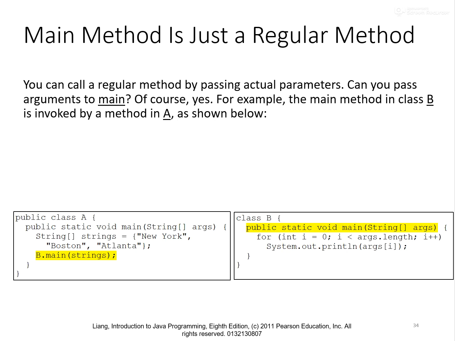So we move on to something that we've been seeing since the first time you wrote a Java program, and that is a little more detail about the main method. The very first program that you've written in Java was obviously inside the main method.